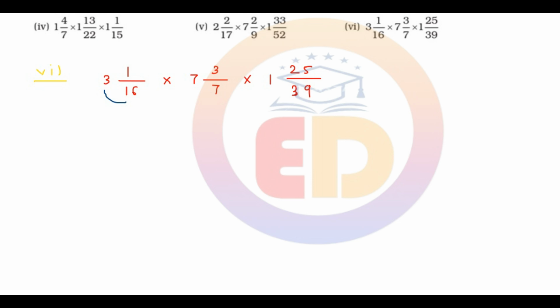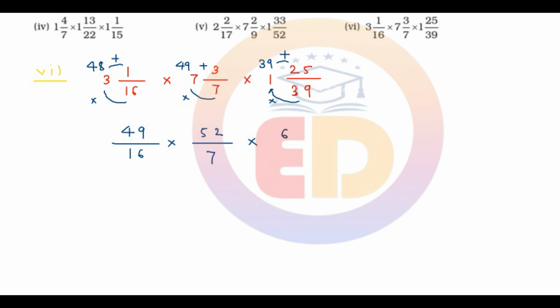Multiply 16 and 3. 16 into 3 is 48. 48 plus numerator 1 is 49 upon 16, multiplied by 7 into 7 is 49. 49 plus 3 is 52 upon denominator 7, multiplied by 39 into 1 is 39. 39 plus 25 is 64 upon 39.